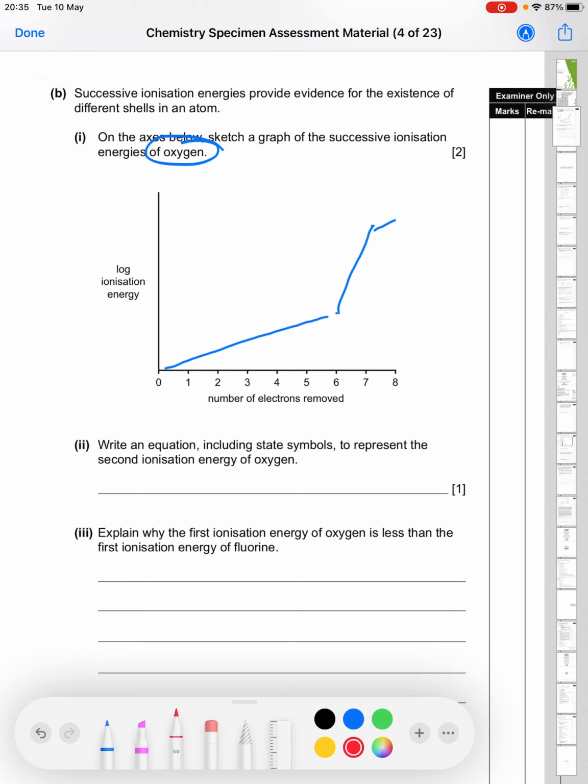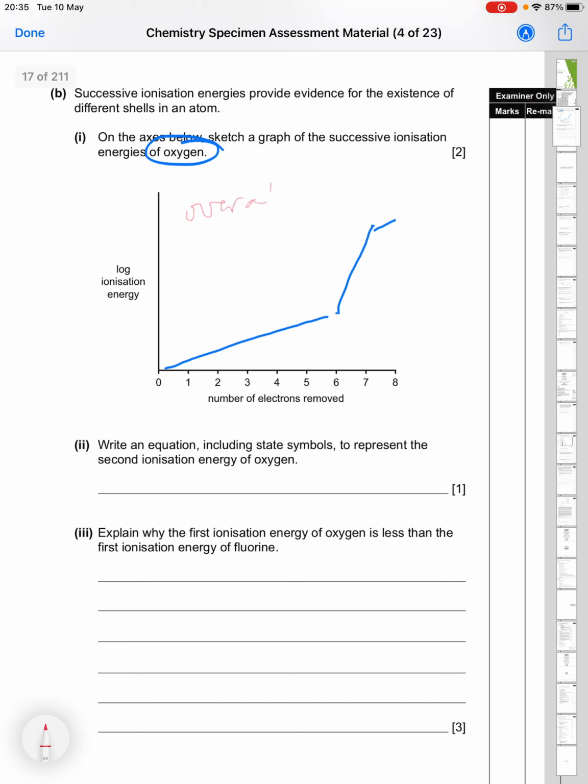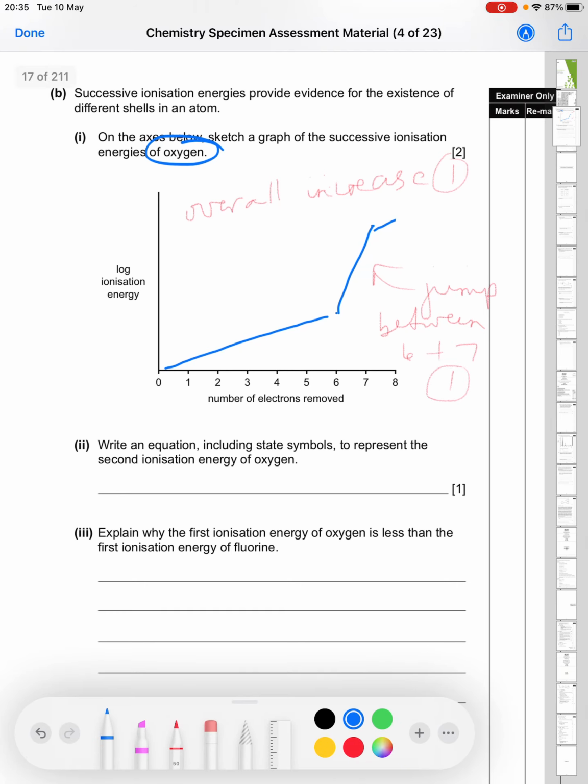So 1 mark is for the increase, and then 1 mark is for the jump between 6 and 7. Okay, so that's where the 2 marks are from there.